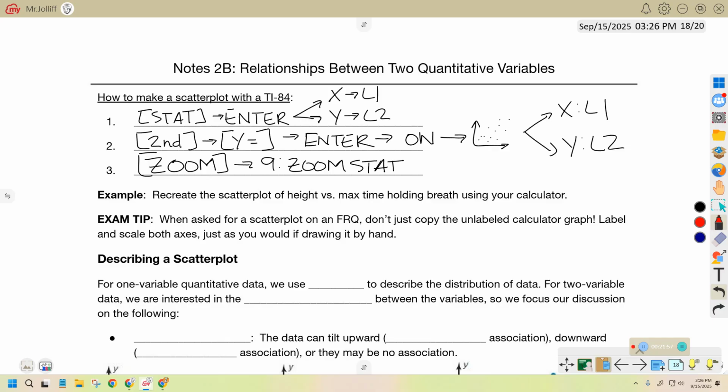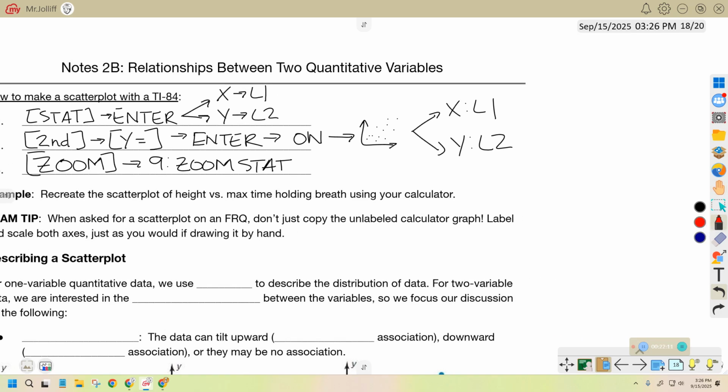If you are using your calculator to construct a scatter plot on the AP exam, do not just copy the unlabeled graph off your calculator. It is fine to use it to help get the shape, right? I can do this and make some dots where I know they kind of are on the graph, yeah?